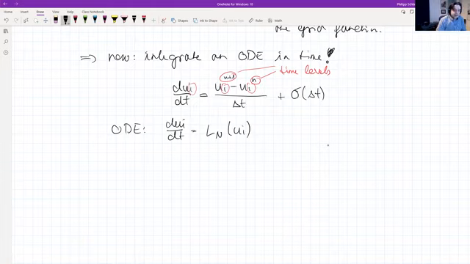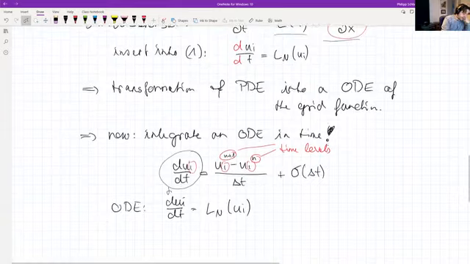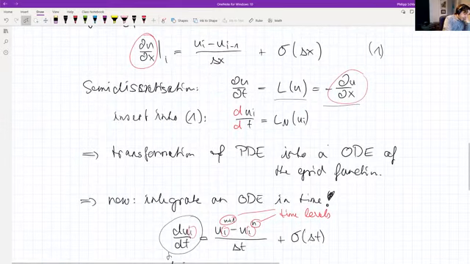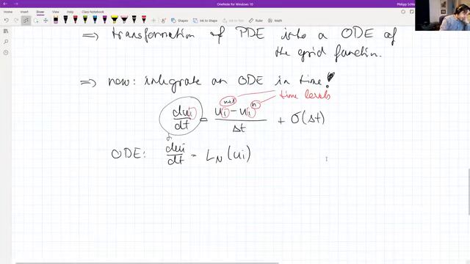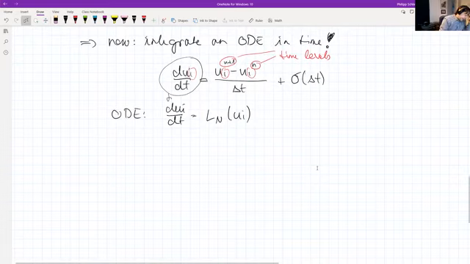Now actually comes an important point here, namely, if I combine everything, so I combine the time derivative and put that in here, and I take the space derivative that I have introduced up here and put it into the L operator, there comes an important distinction that I need to make. So let me just write it down.